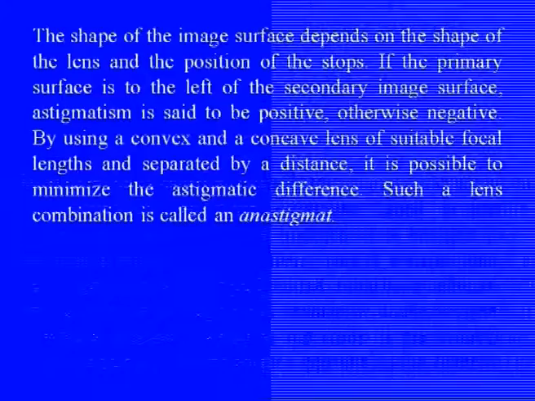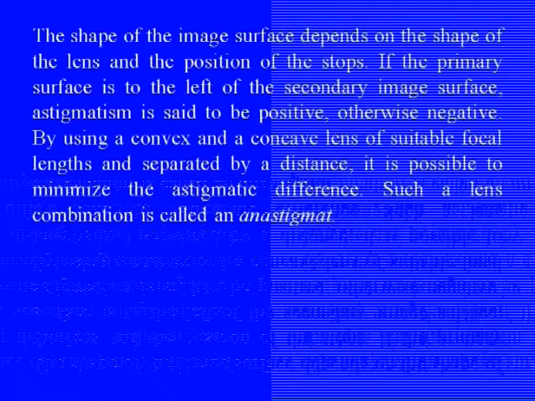And as I pointed out earlier, even if these surfaces coincide, the astigmatism will not be there, but the resultant image surface is in general curved, and this defect of image is called curvature of the field. Now, the shape of the image surface depends on the shape of the lens and the position of the stops.